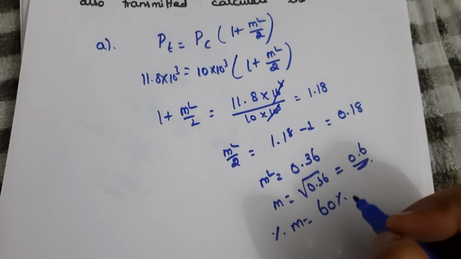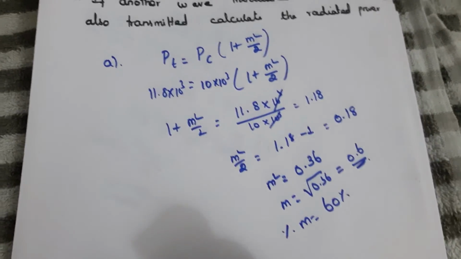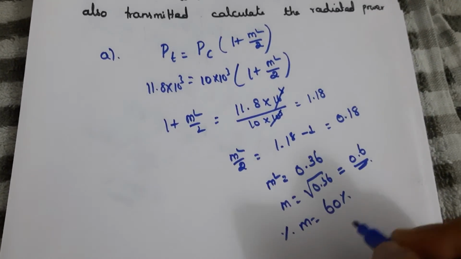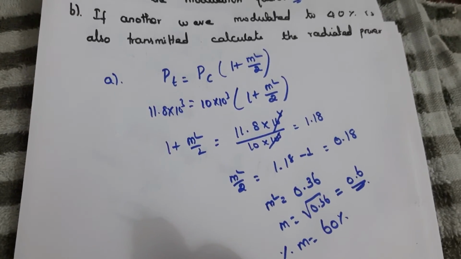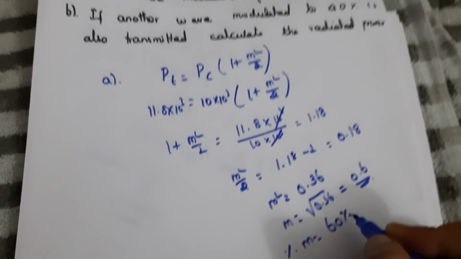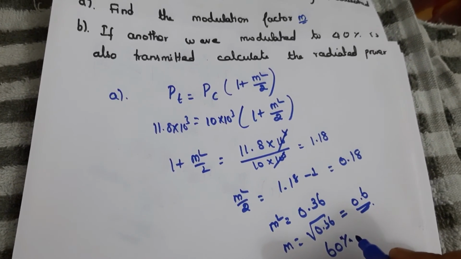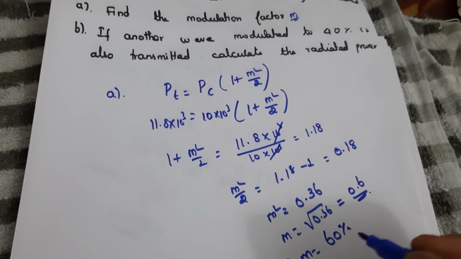So now we have solved the A part, and for the B part similarly they are giving the m value. In the first part we had to calculate m, and here they are giving the m value as 40%. Another wave modulated to 40% is also transmitted. Find the radiated power.